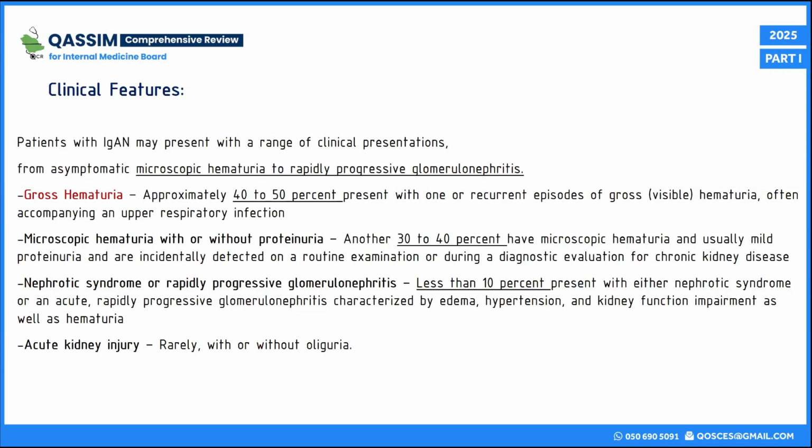Just think of IgA: 40 to 50% of patients present with gross hematuria. Microscopic hematuria with or without proteinuria is found in routine urine analysis; the patient is completely asymptomatic, just came for routine follow-up, and accidentally has hematuria. This is present in 30 to 40% of patients, while nephrotic range is less than 10%. What about acute kidney injury? It's rare, with or without oliguria.